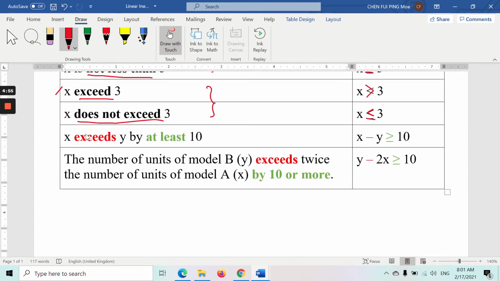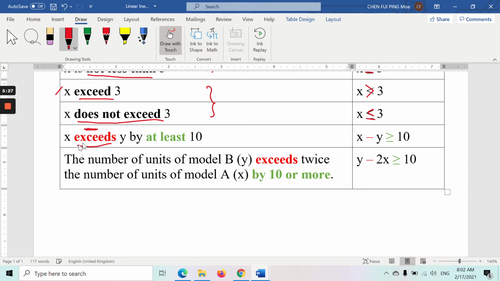And then this one, when you have two keywords like this, you need to be careful. X exceed y by at least 10. Previously when you see exceed, if only one keyword, then you directly write greater. 如果只有一个 keyword，你就直接大过。If you have two keywords, exceed at least, then this exceed means using minus.